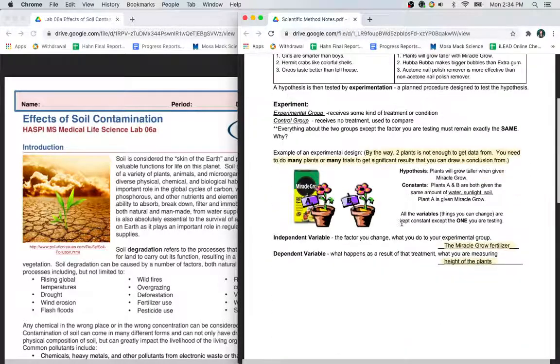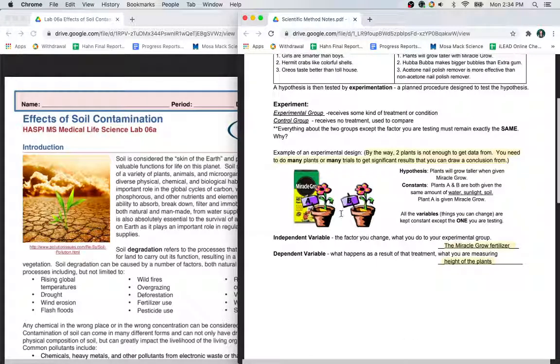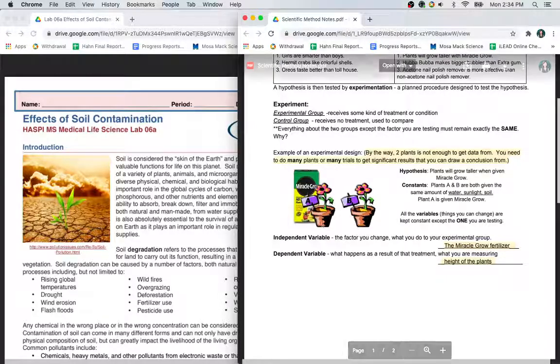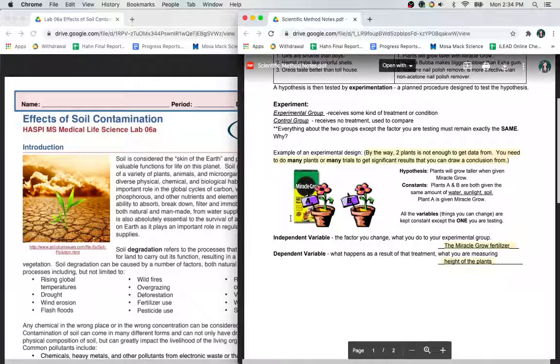But when you do an experiment, here is a very simplified version of an experiment. Let's say I wanted to test whether Miracle-Gro helps plants grow taller. So I would have one group. Now this shows just one plant, but I would never just do one plant. I would do a group of plants.